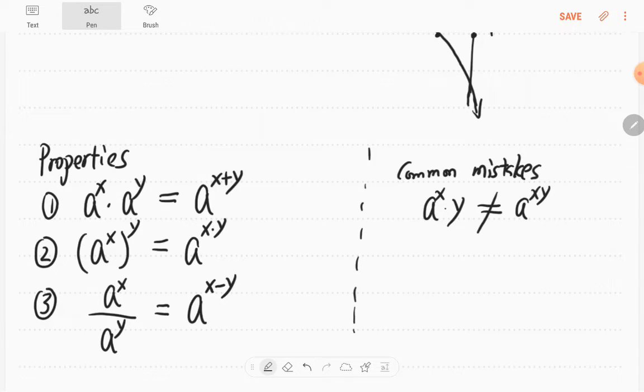Here y is multiplied on the whole a to the x, not on the exponent. And for a to the x plus a to the y, they say it is equal to a to the x plus y. No, you cannot combine a to the x and a to the y if the operation is addition or subtraction.